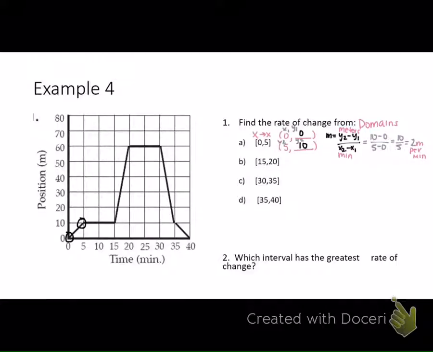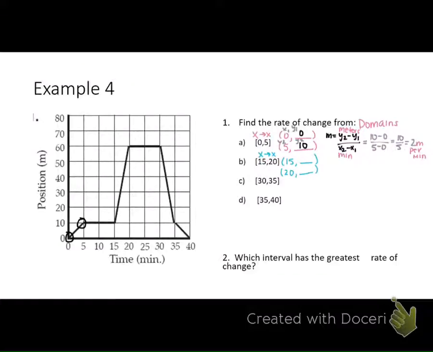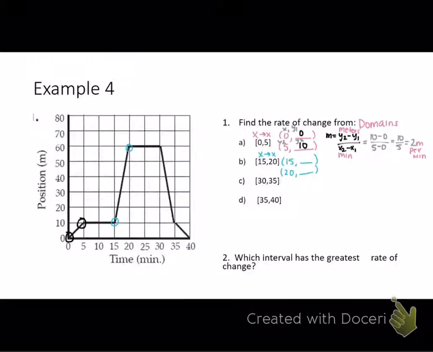Okay, again, this is another x value to another x value. So that's 15, comma something and 20, comma something. What should go into the 15, comma something spot? Miguel, what goes 15, comma what? 15, comma 10. Brian, 20, comma what? 60.